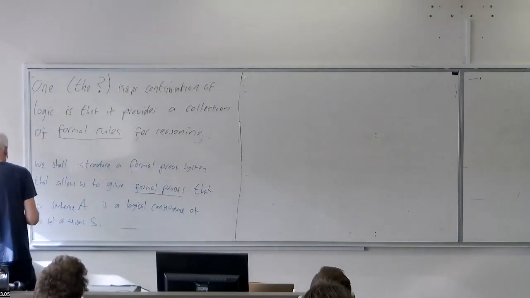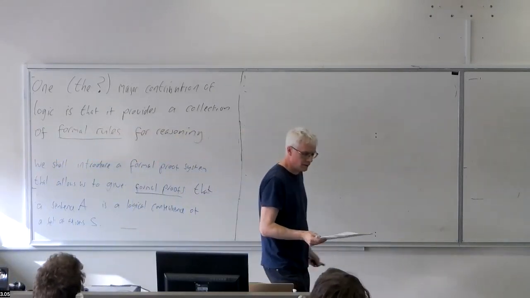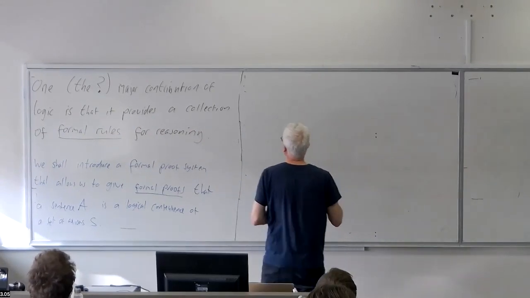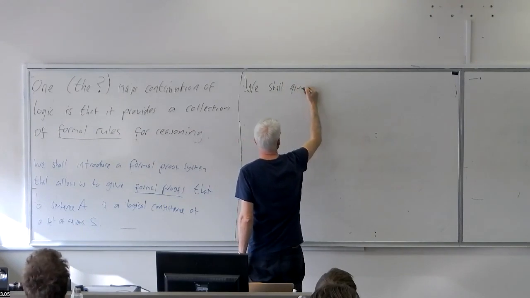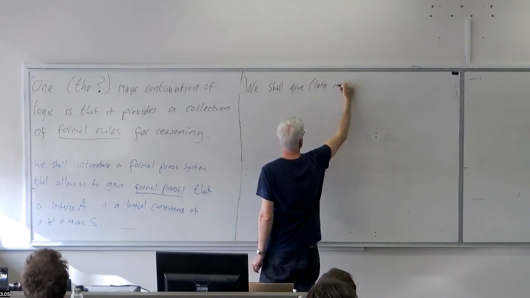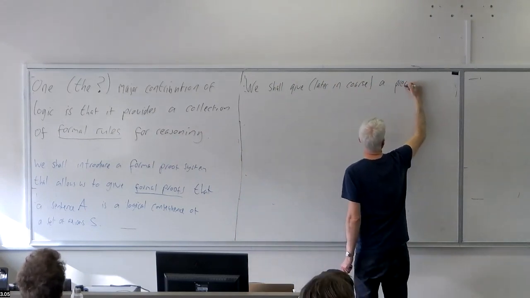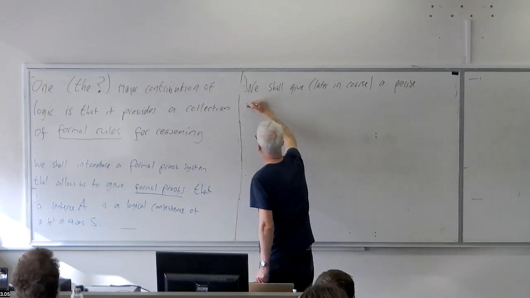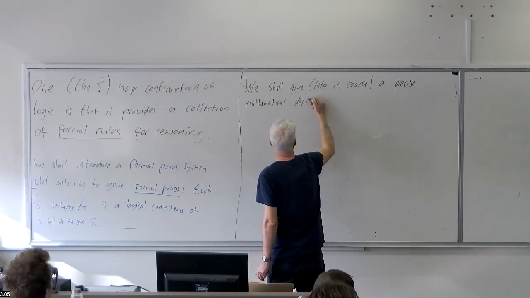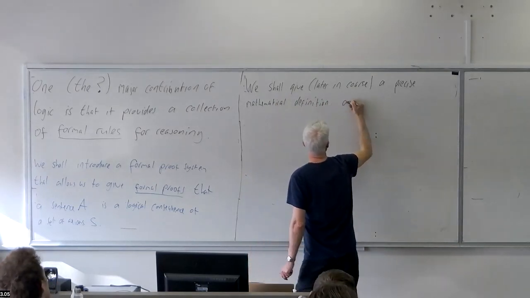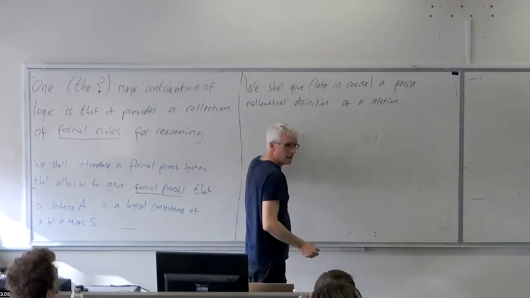As I say, the actual rules themselves are a subject for a future lecture. But what it means mathematically is that later in the course, we shall give a precise mathematical definition of a relation between sets of sentences and a sentence.